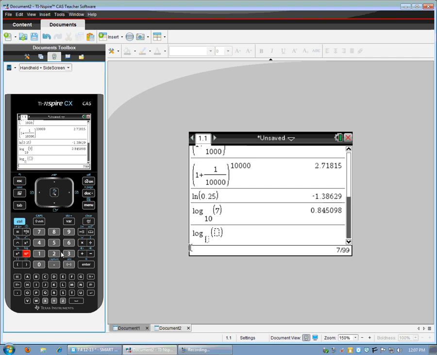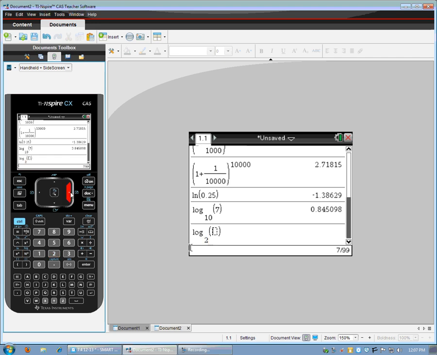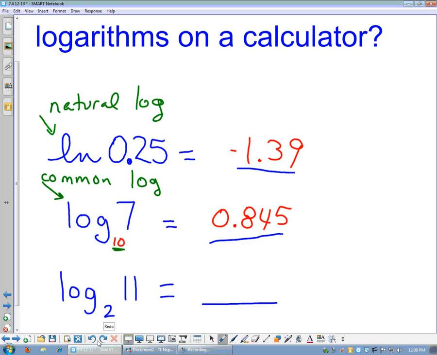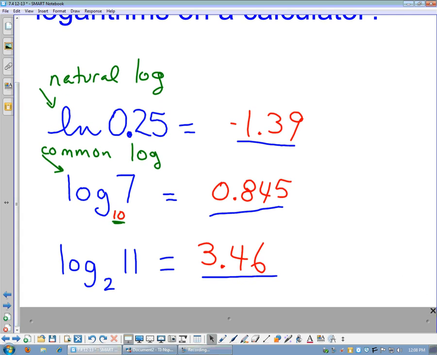That's log to the base 2 of 11. 2 raised to what power gives you 11? It's going to be 3.46 approximately, 3.46. So we'll fill that in, 3.46. All right, so now you hopefully are comfortable doing logarithms on your calculator.